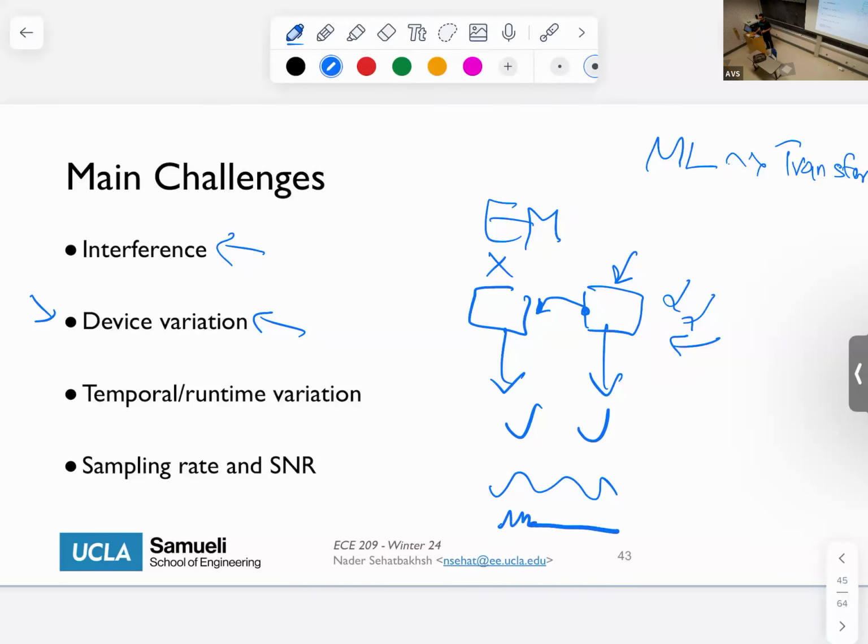This further complicates things and makes it very hard for the adversary to run this. And of course, the last thing is the sampling rate, or general signal to noise ratio, SNR, where you want to achieve as much signal from the device as possible. If you can do that, then you can have a more successful attack.